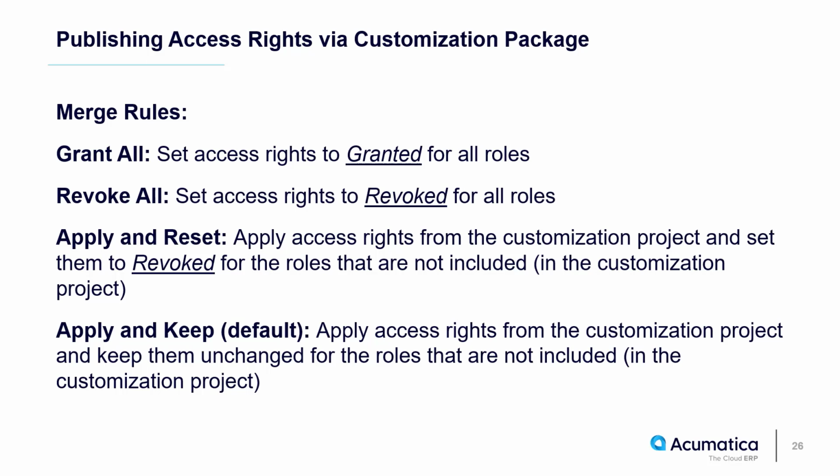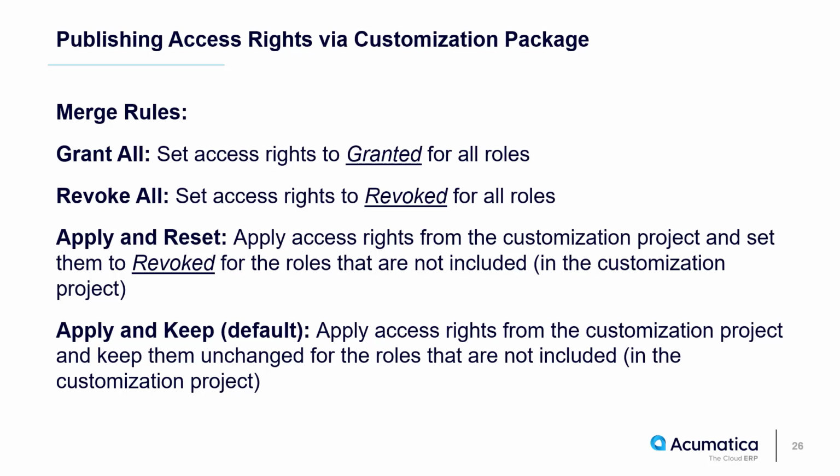First one is grant all, which means that on publishing, the customization package sets the access rights to granted for all user roles for a specific screen. Revoke all is the opposite. On publishing of a customization package, it sets access rights to revoked for all user roles in that instance.